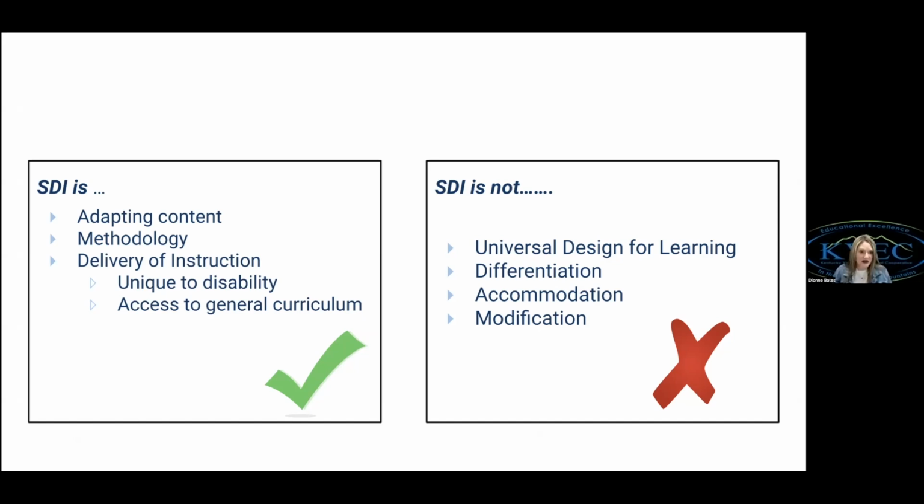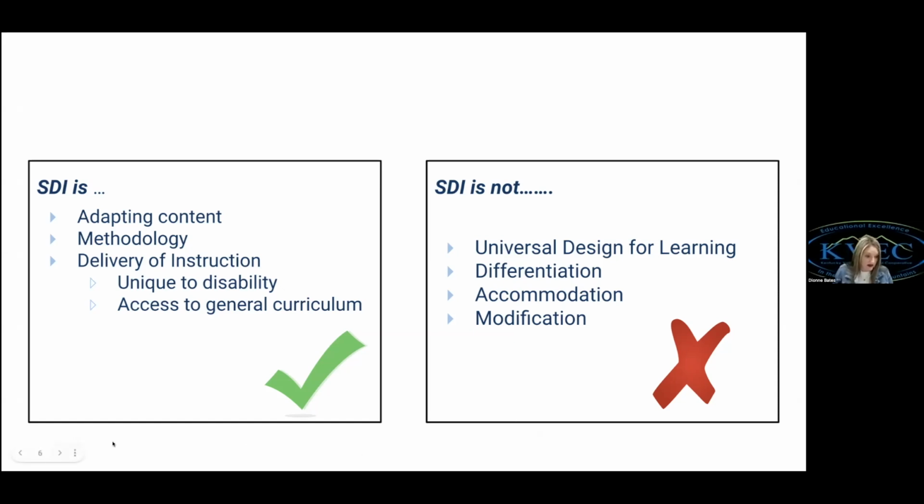For example, in writing, we might use a RAFT, R-A-F-T, and that is an organizer. That's the role, the audience, who you're writing for, what your focus is, and if you remain on topic. So if I teach a student how to use that organizer, then that becomes specially designed instruction.